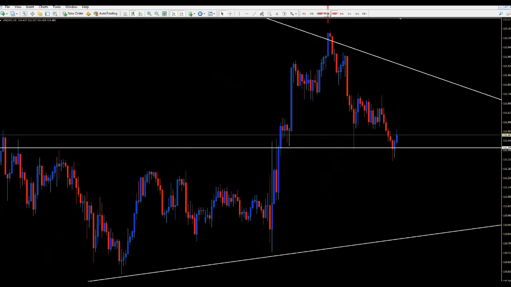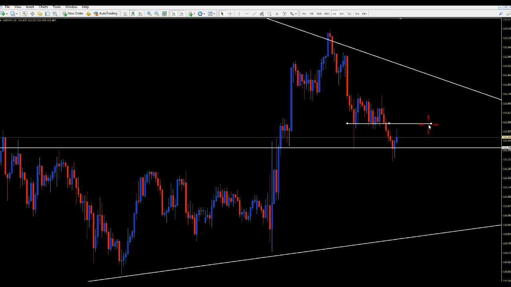And of course, as always, you can go down to the lower time frames and have step-by-step targets. For example, you got the support here. First we want this level to be reached and broken, then you got this one, and then you got the trend line.